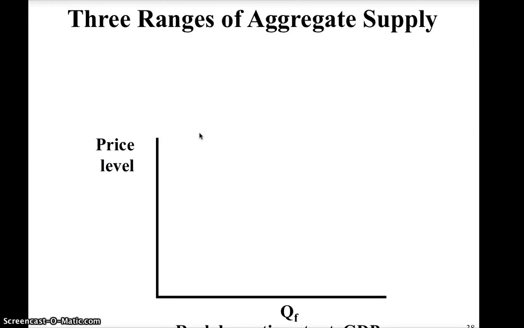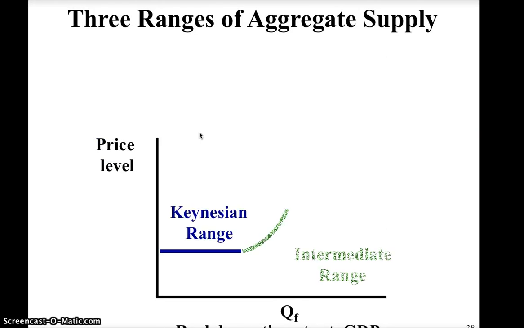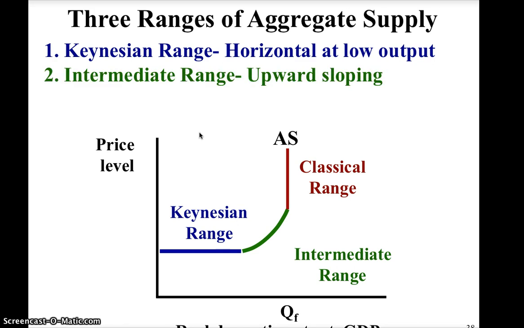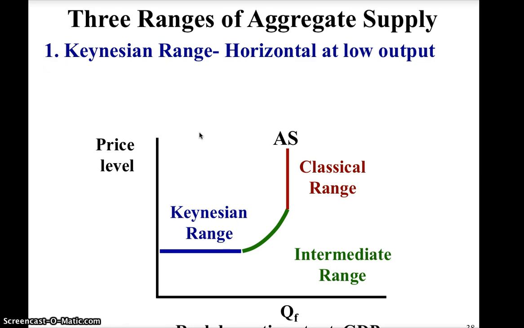So let's come back to the graph. We now have three ranges of the aggregate supply curve, which we talked about in the reading. In a depression or a very serious recession, we're in the Keynesian range, which means that you can increase aggregate demand and see no increase in inflation.